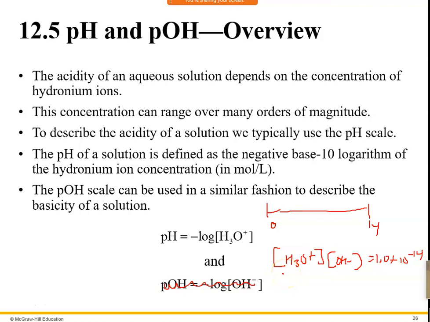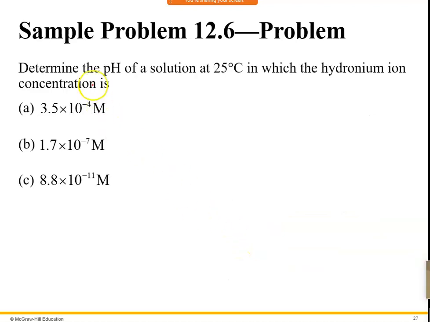There's also another one we'll talk about, which is the antilog. This is how you can find the pH based on the H3O+ concentration. For example, if this is my acid concentration, the H3O+ concentration of 3.5 times 10 to the negative 4th, the pH is the negative log of that number.